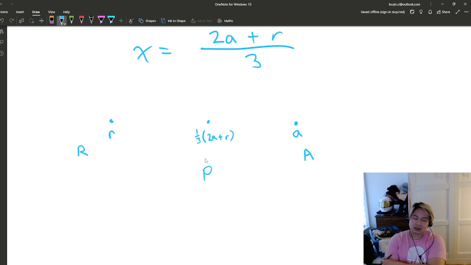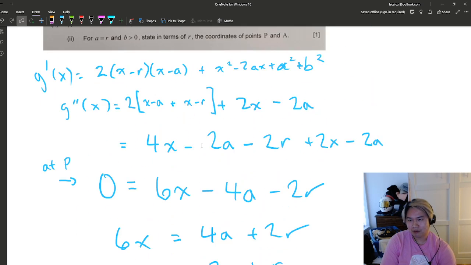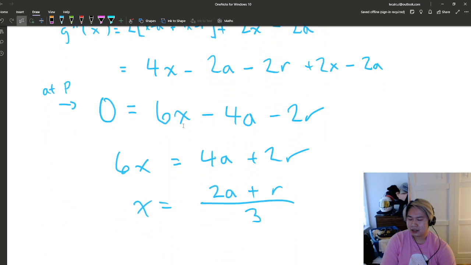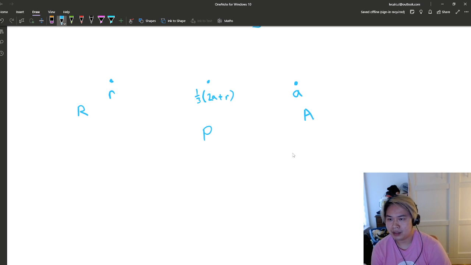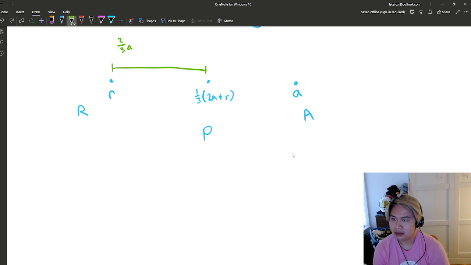And then how do I describe where it is relative to them? Okay, let's find the distance in between them. So this distance is going to be 2/3 a plus r/3 minus r.